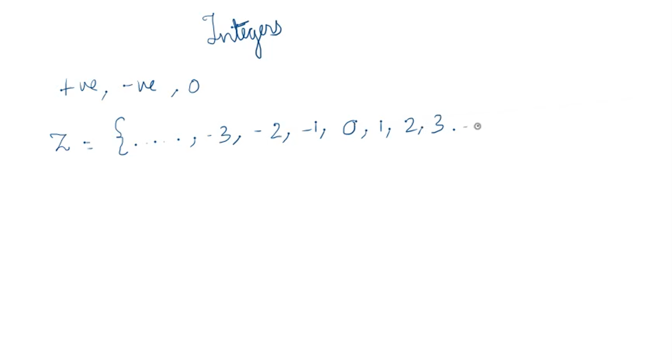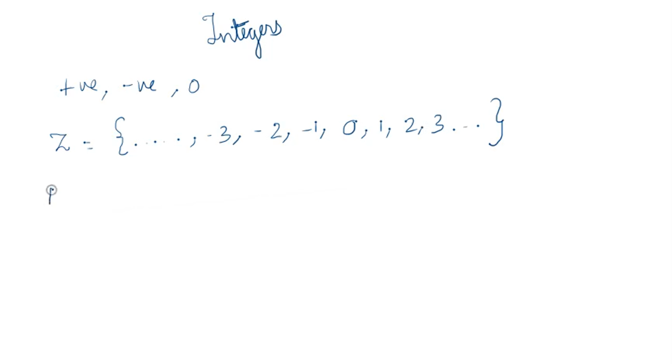Integers are nothing but a set of positive as well as negative numbers, including the number 0. So we represent integers using capital Z. Capital Z is the set of all numbers from -infinity to -3, -2, -1, 0, 1, 2, 3 and so on till plus infinity.